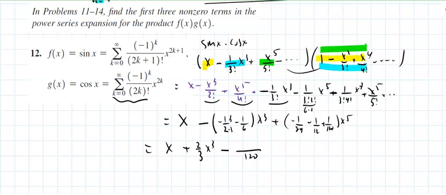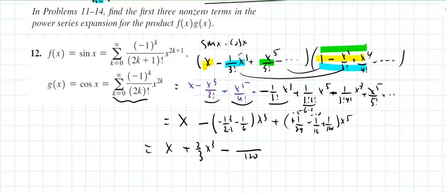120 times 5, minus 5, minus 10, plus 1. So that, oh, that should be a plus, I think. I think that's a plus, if I'm not mistaken. Yeah, negative times a negative is a positive. I have the answer next to me.